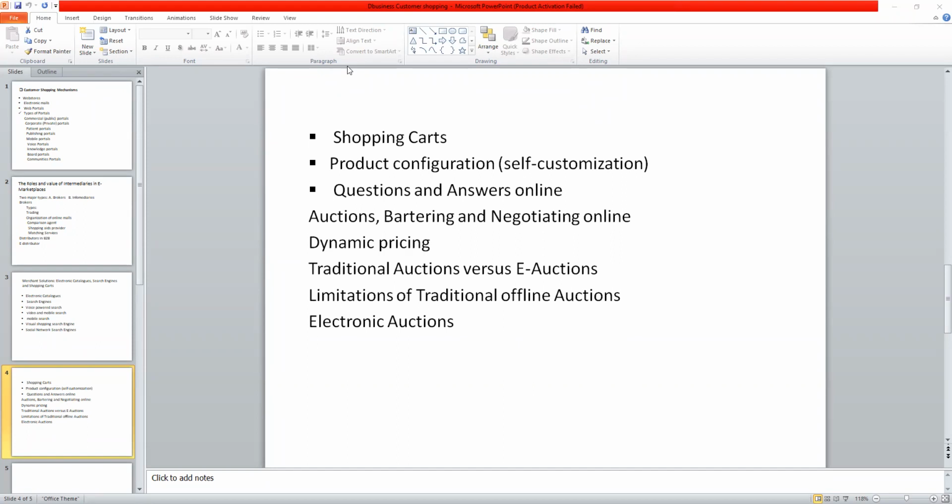The sellers may not get the highest possible price. The bidders may not get what they really want, or they may pay too much for a particular item. And the bidders do not have time to examine the goods before placing a bid.